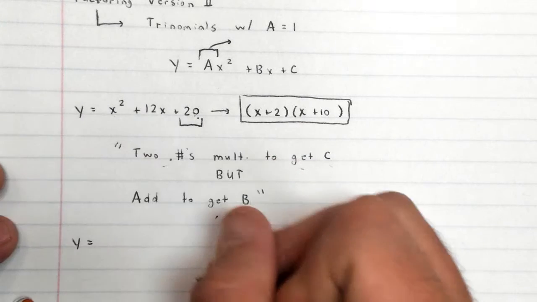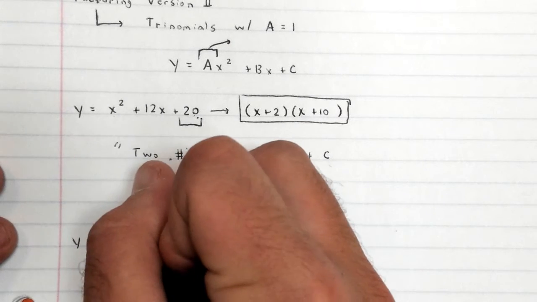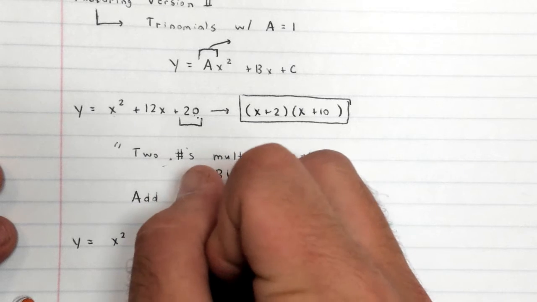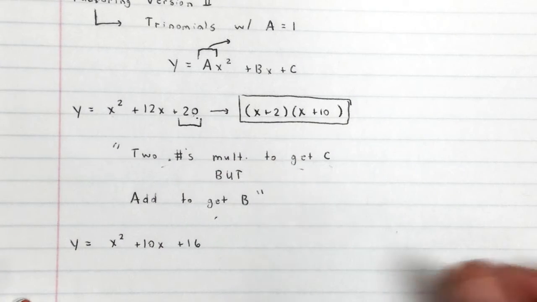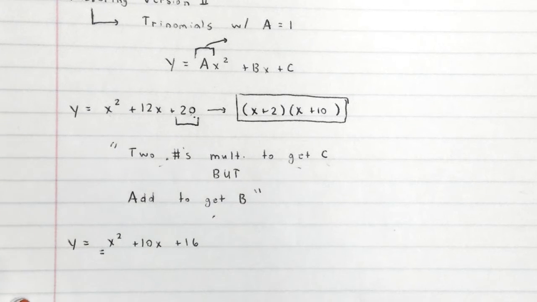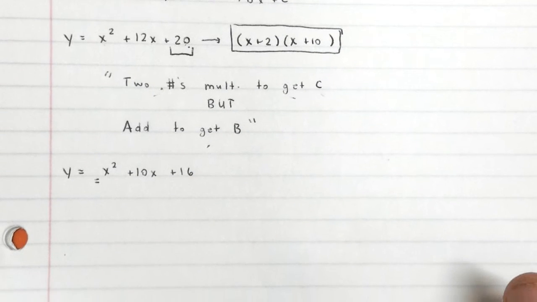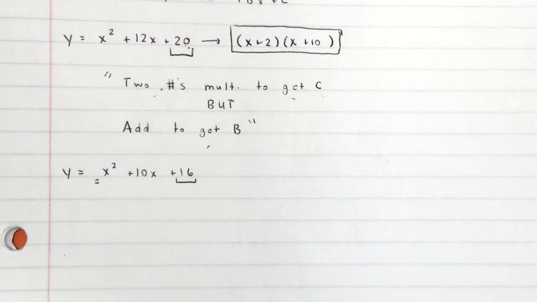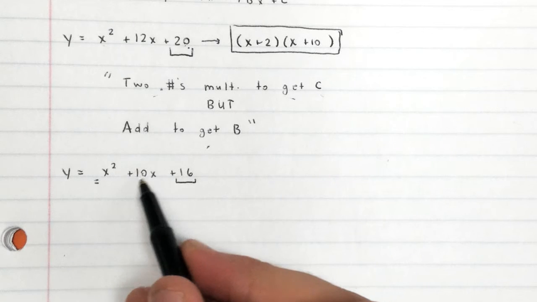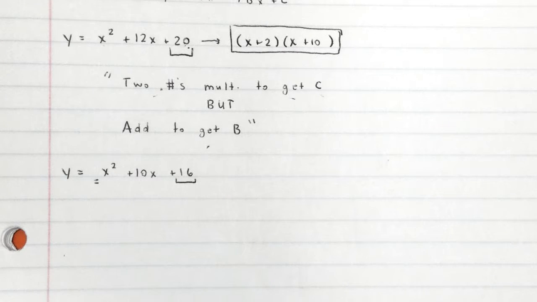Y is equal to x squared plus 10x plus 16. Again, there is no a value, or there is, it's just a 1. So, I'm going to look at the factors of 16. Stuff that multiplies to give 16, but would add to get my b value.